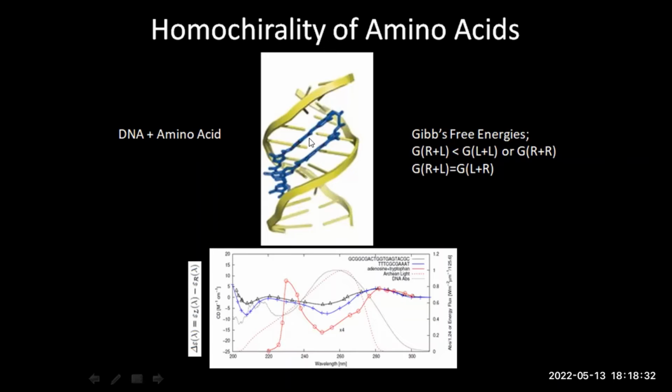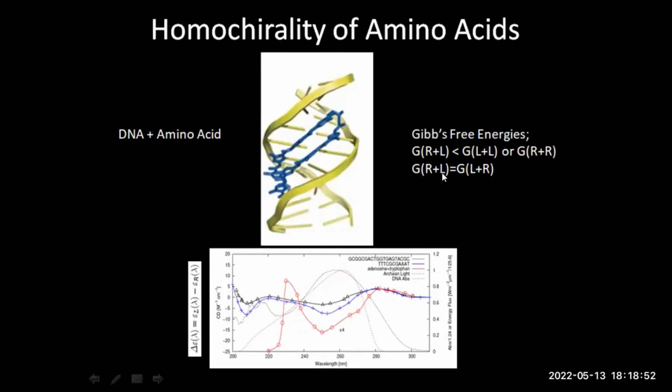Okay, first because they have a greater affinity, no? And so they are more stable, so they're going to stick together much more than if we had, for example, left-handed DNA and left-handed amino acids. We have less affinity, less attraction, so they would fall off more easily.